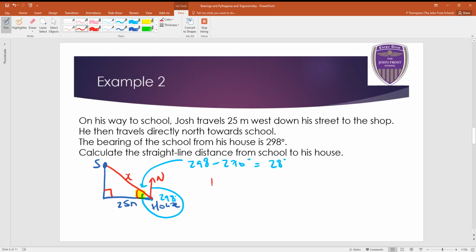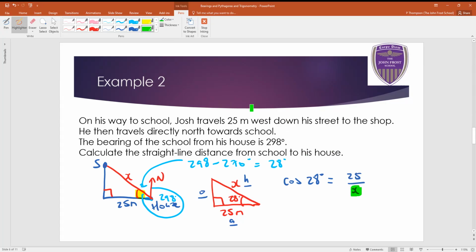And if you redraw the triangle, then the game should pretty much be over here, because that's 25 meters. I know this is 28 degrees. I want to find this. So again, O, H, A. And with SOHCAHTOA, this would be cos, I believe, because you've got A and you want to find H. So I would say that cos 28 degrees is going to be A over H. And again, you should know, if the unknown's on the bottom, you don't multiply, you divide.